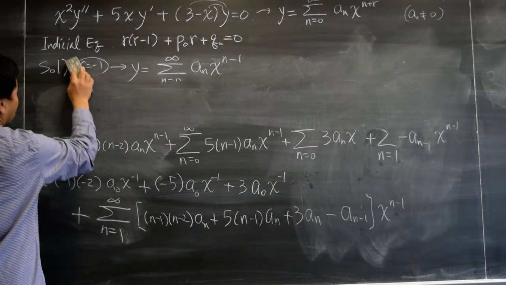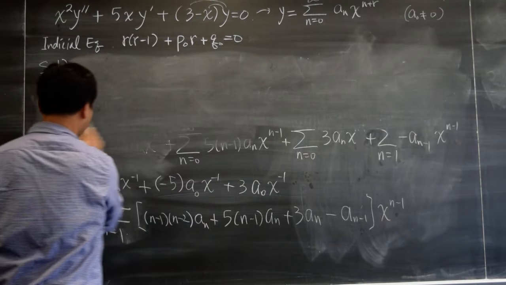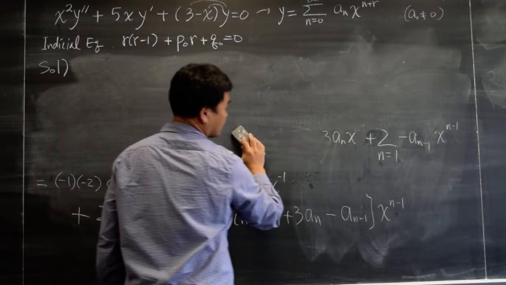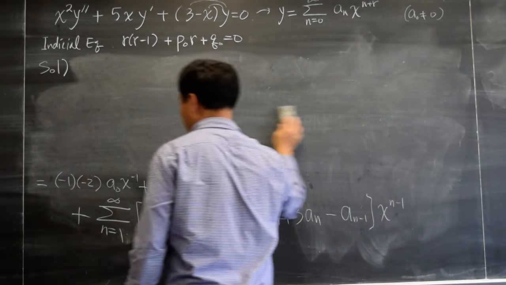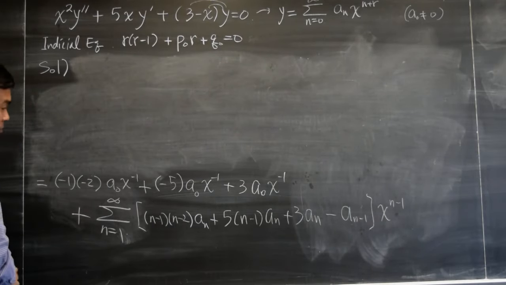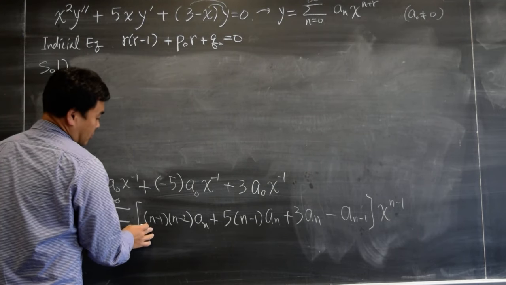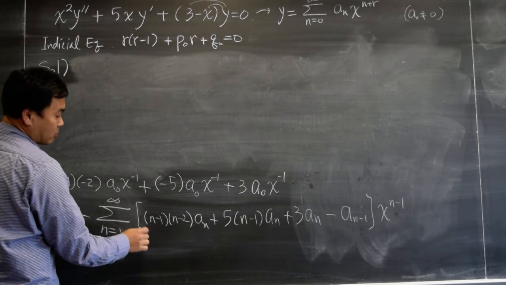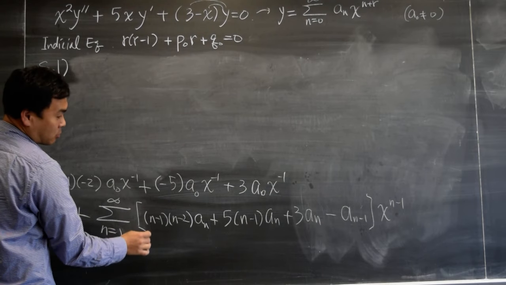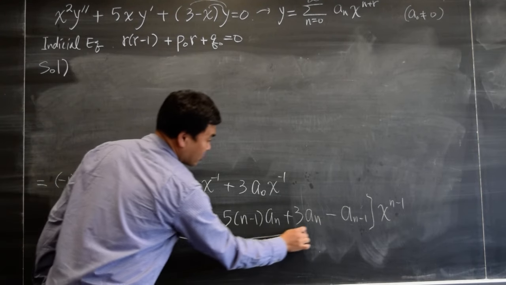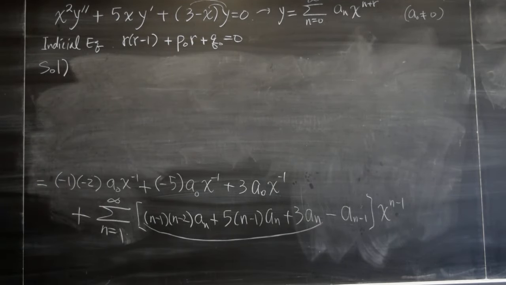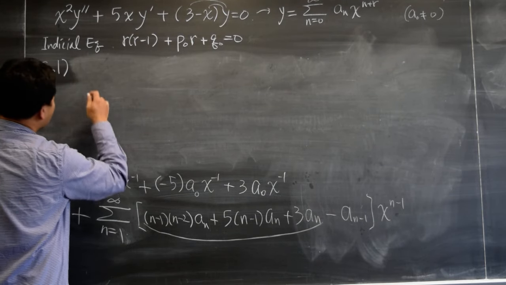Okay. So let's continue on. We're not done yet. We still just have the recurrence relation. Okay, so let's try to simplify this. For the first three terms, since they have an in front, I'm just going to factor the an out.